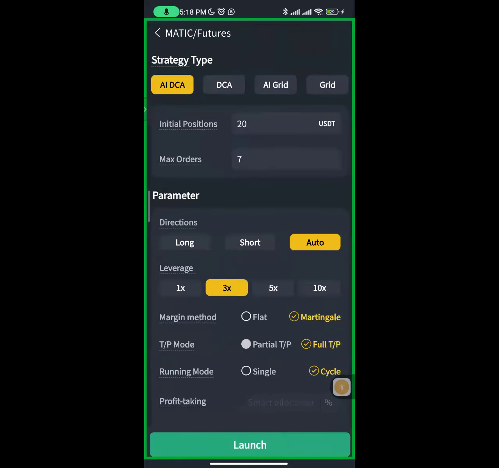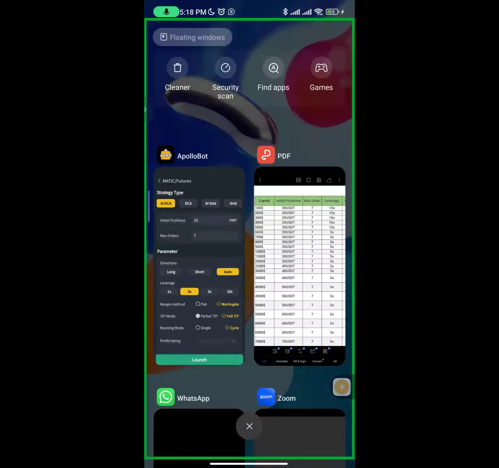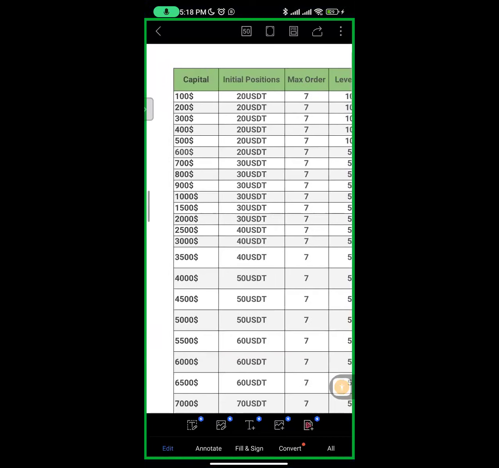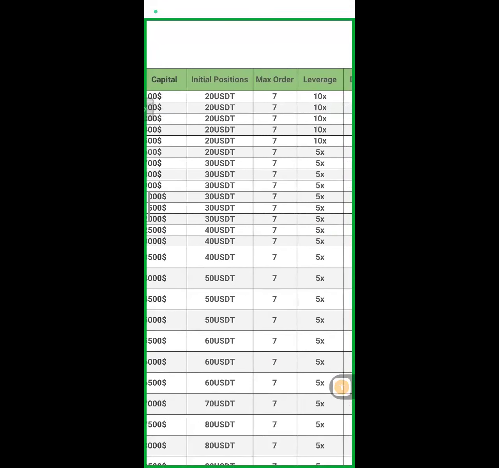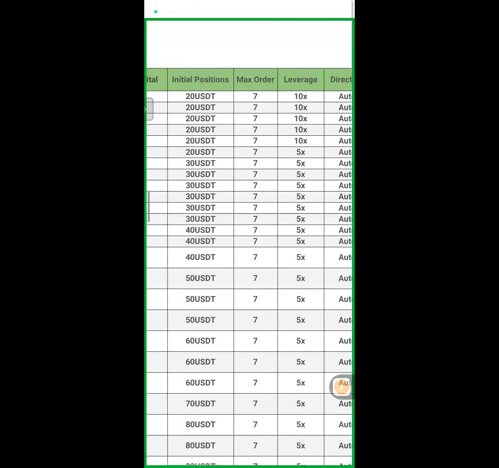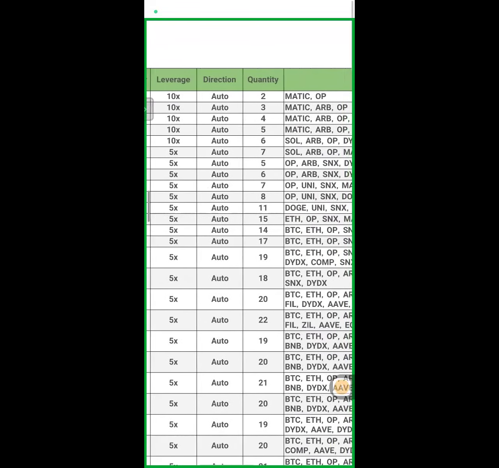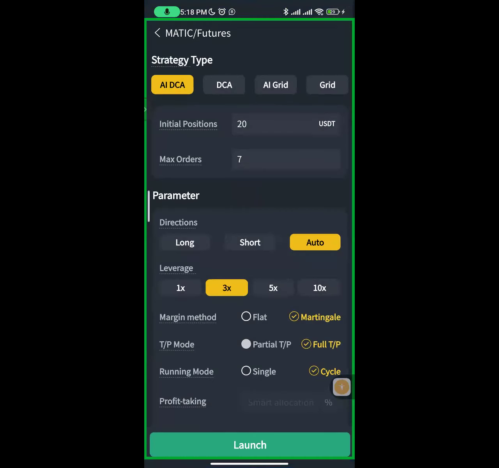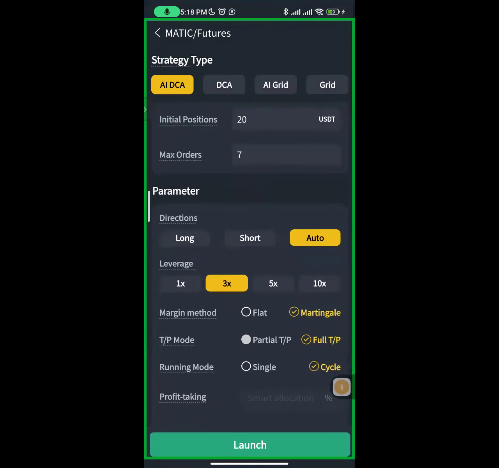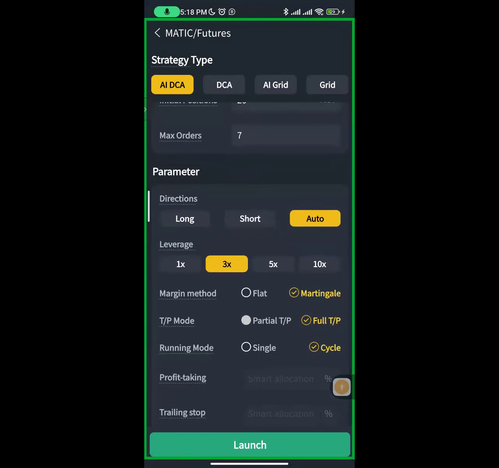Confirm. Now, what were the setups? Initial position is 20. Quickly take a peek. You can see it, initial position 20, maximum order 7, and leverage is 10x, direction automatic. So that's it. You follow that and you're good to go. The direction is auto.